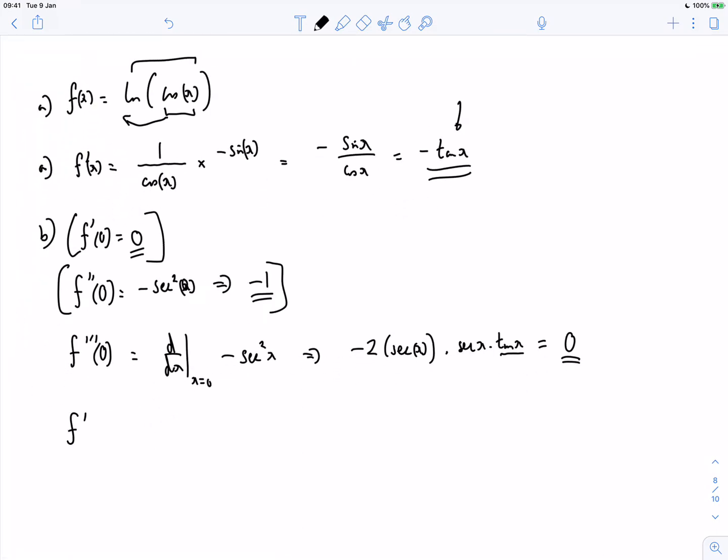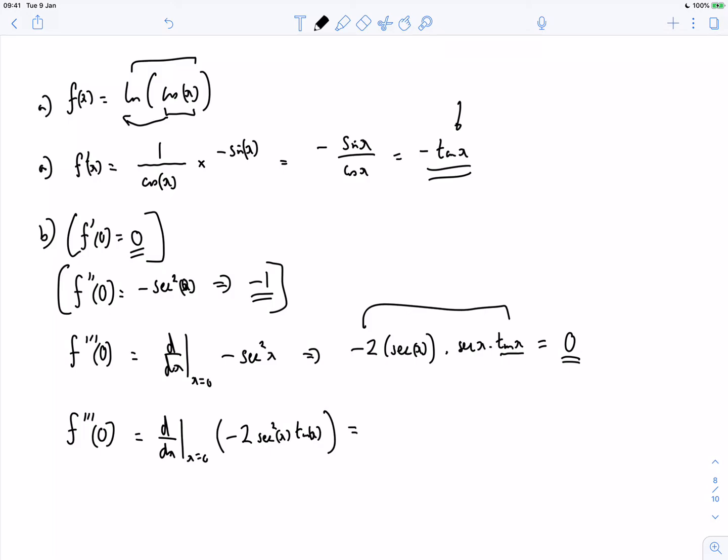And now I've got f quadruple dash of 0, which is when I differentiate and evaluate at 0 this horrible thing, minus 2 lots of sec squared x times tan of x. Okay, so what's that going to be?